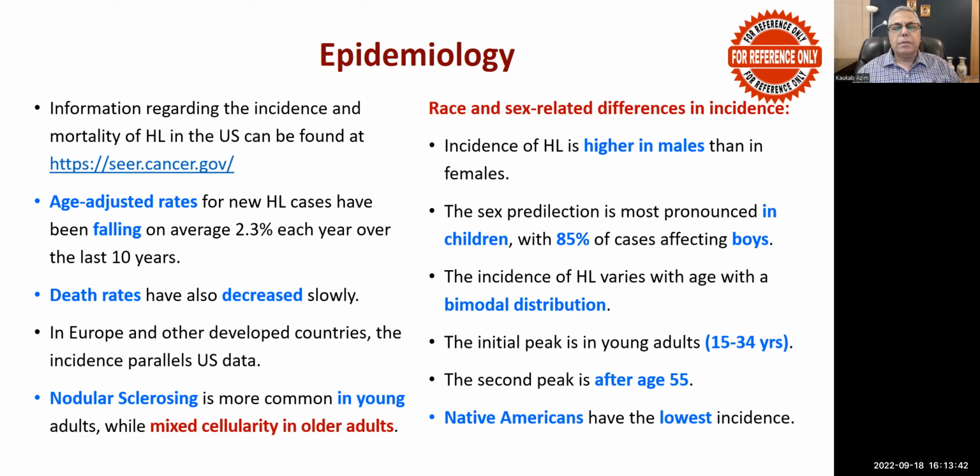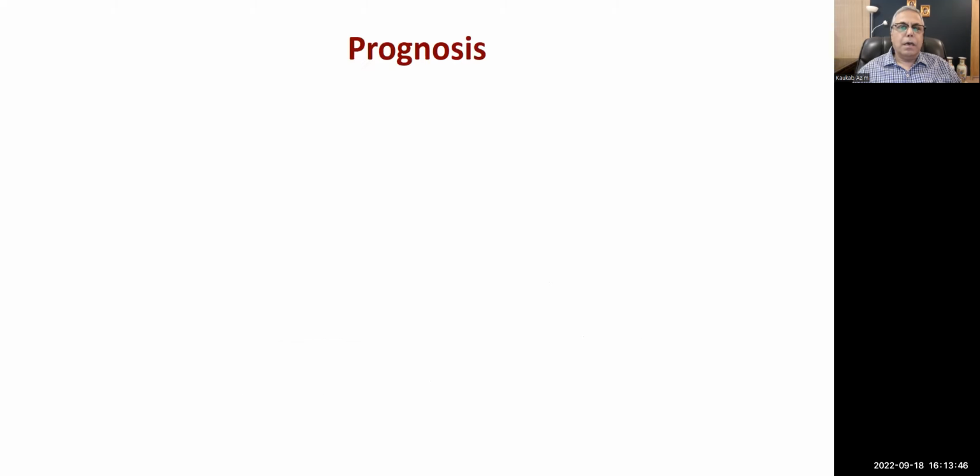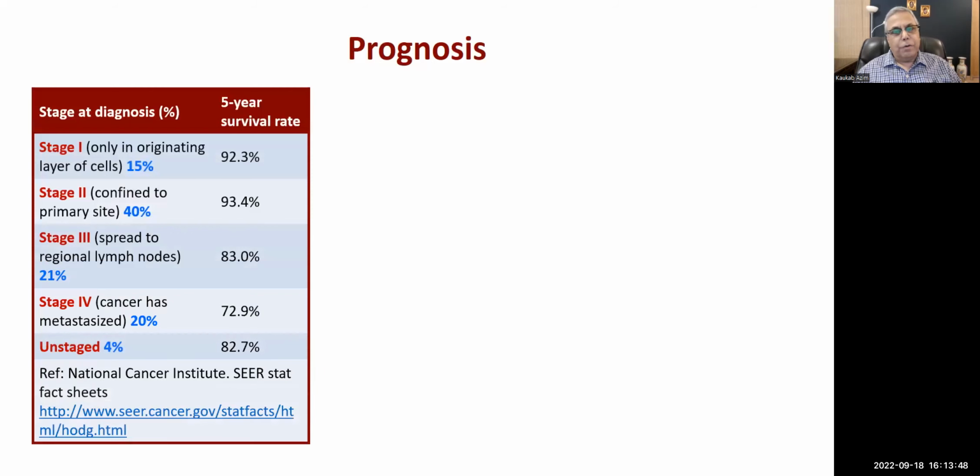Native Americans, for some reason, have a lower incidence. Prognosis is very good. We have already seen that, okay? Stage 1, only originating in 15%, 92% 5-year survival. Stage 2, 40%, 93% 5-year survival rate.